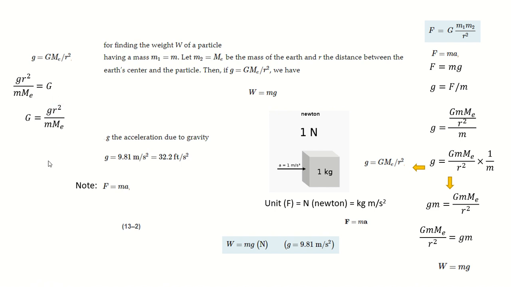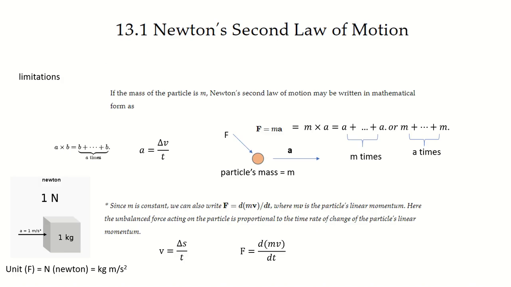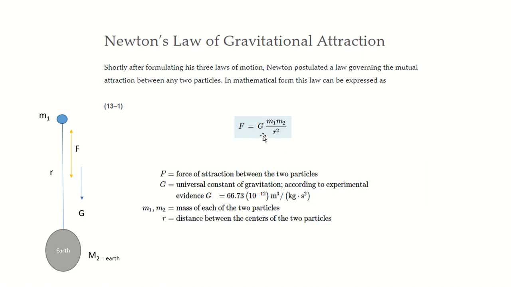Okay, so see, that's how we get this. Let's go back here, this constant. Okay, so we loosely say, okay, there is an acceleration due to gravity in here, but of course that's your gravitational constant.